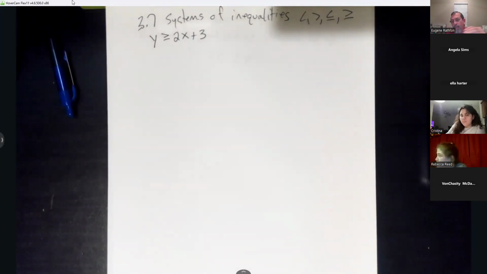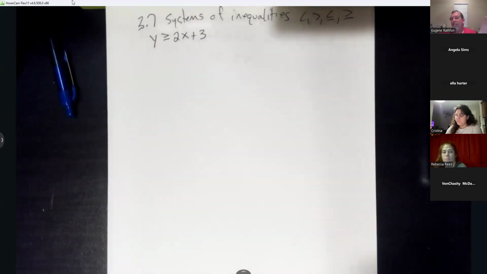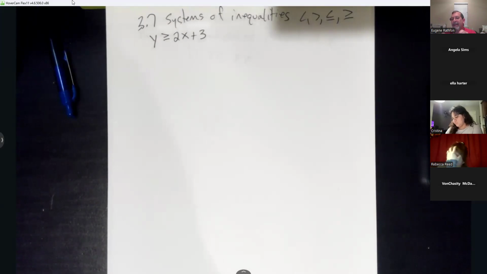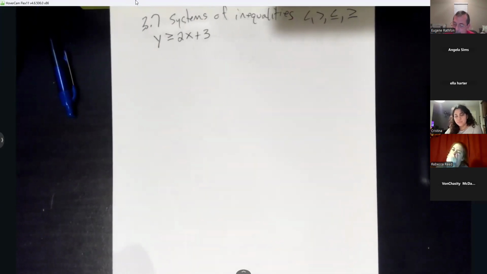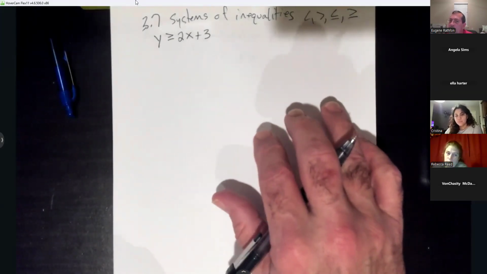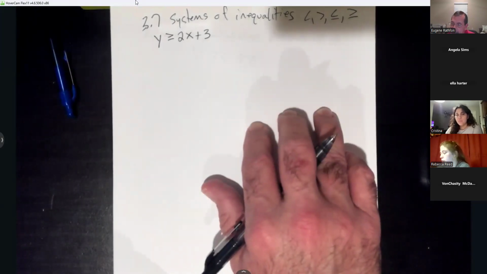When we had equals, we got one answer on most of these, but when it's greater than, depending on what I'm putting in for them x's, there's infinitely many y values that'll be greater, okay? So, to represent these answers when we graph, we sort of shade it. And whatever we shade is a solution to the graph, okay? So, let's figure out how to graph them and show the solutions on these.